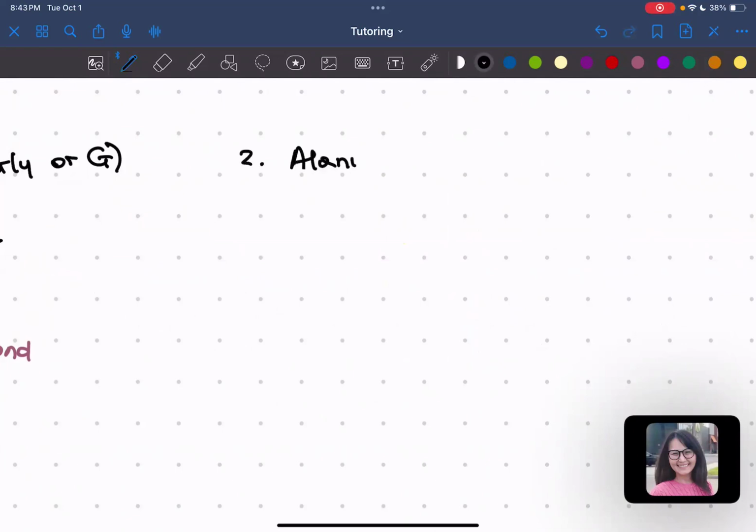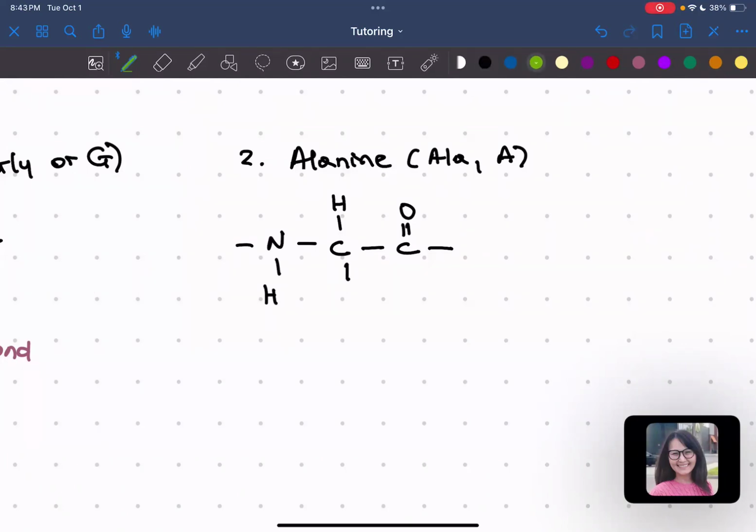Alanine, A. So it's nitrogen, carbon, carbon, oxygen, hydrogen, hydrogen, and here it's CH3.